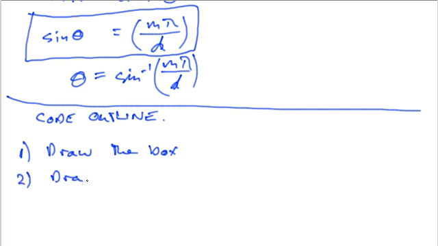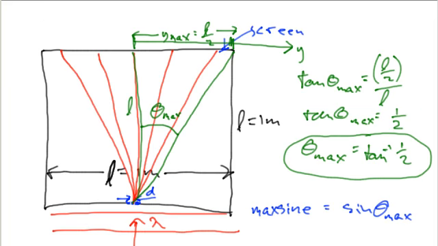Two, draw the m equals 0 max, the central max line. So in other words, I'll just draw the outline of the box and this line right here, the very center one.